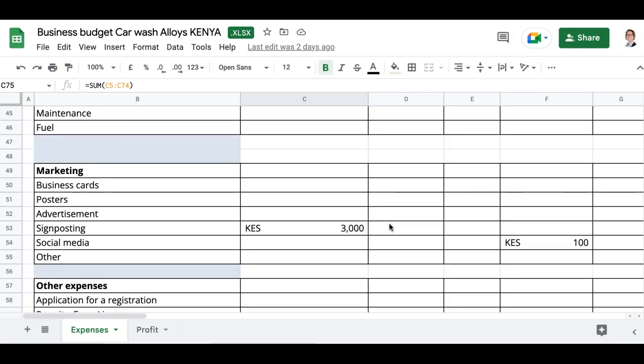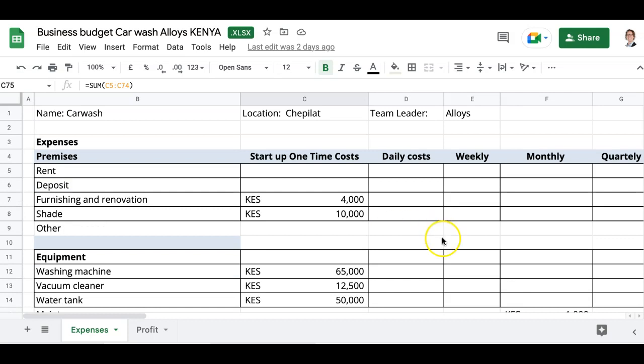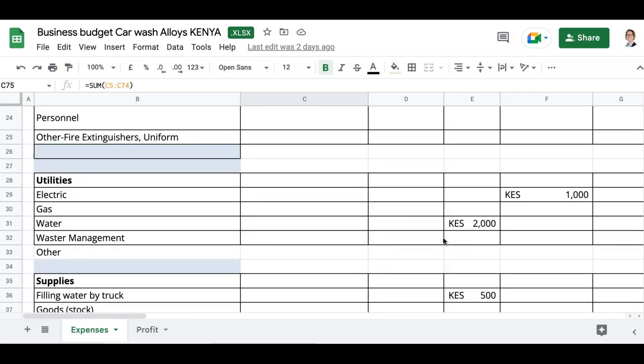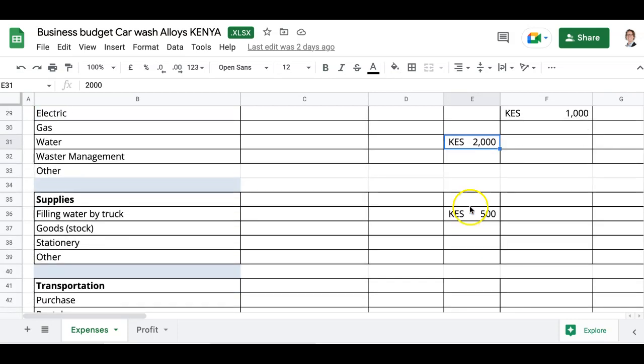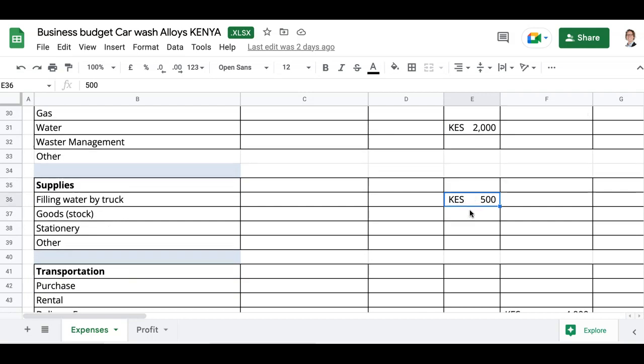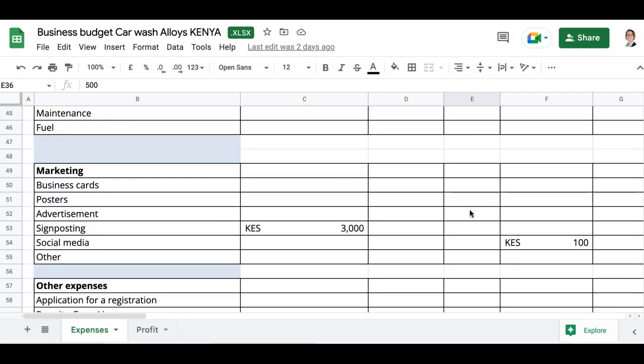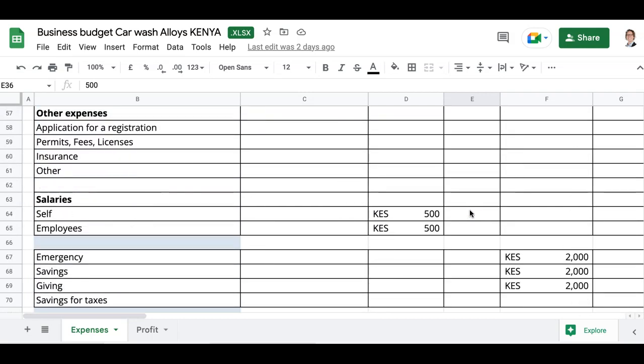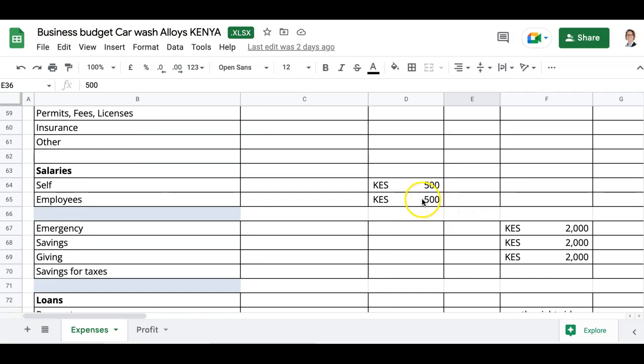Then we have daily cost. There are no daily cost. Weekly cost. It's like 2,000 for water because there's a lot of water that is necessary. Filling the water by truck, 500 per week. And then we have daily cost here, self and employees.